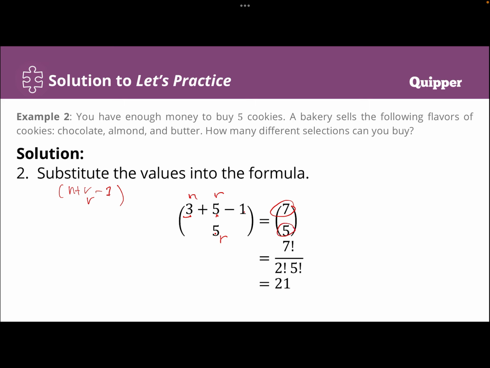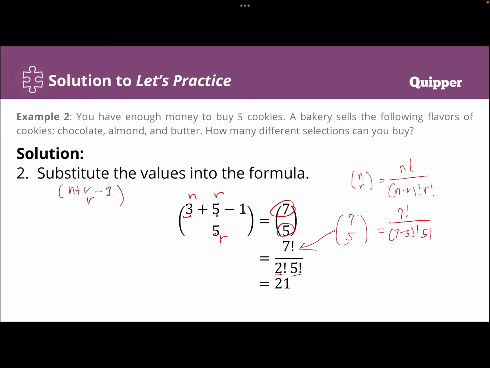Then copy 5 as R. And then, based from here, the formula is N R is equal to the quantity N factorial divided by the quantity N minus R factorial times R factorial. So, palitan natin si N ng 7. So, we have 7, 5. So, N is 7 factorial all over the quantity 7 minus 5 factorial times 5 factorial. So, you will get 7 factorial divided by 7 minus 5, 2 factorial times 5 factorial.